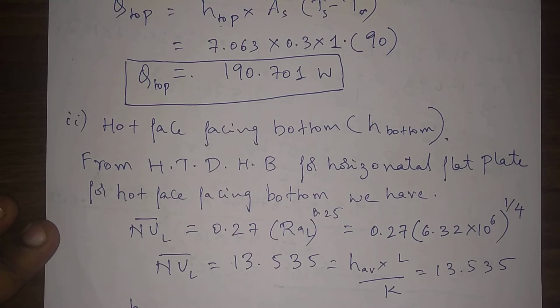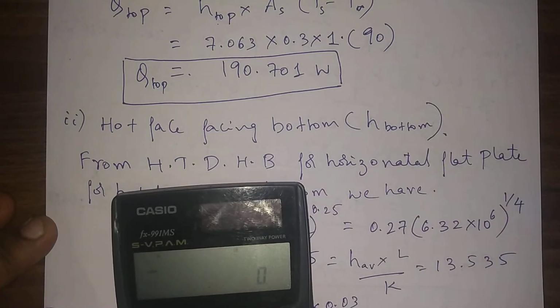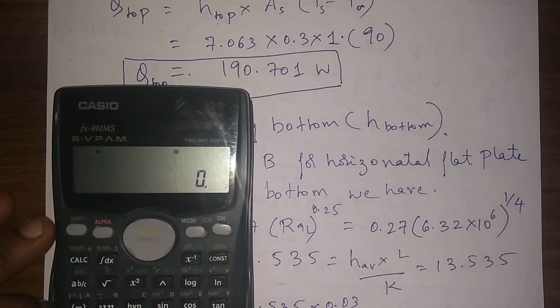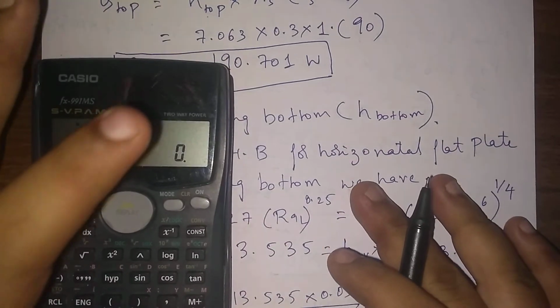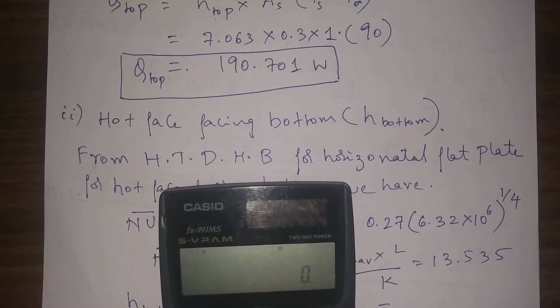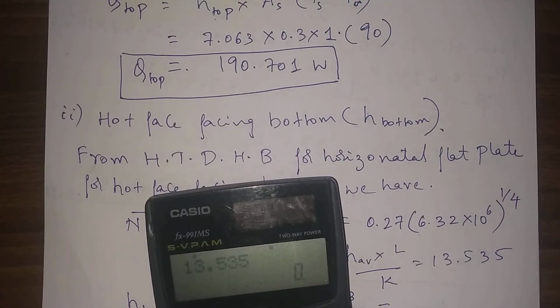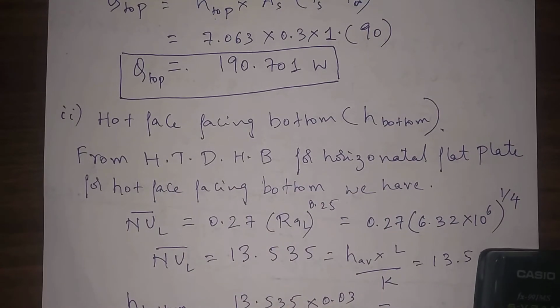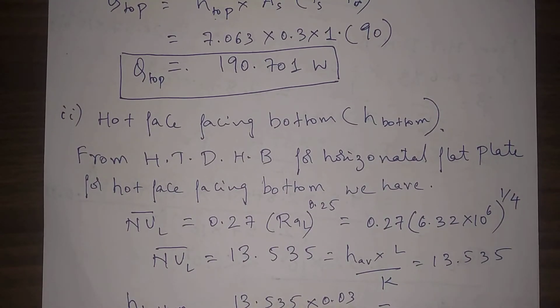So H bottom, or H average, I am going to write it directly: 13.535 into 0.03 divided by 0.115.